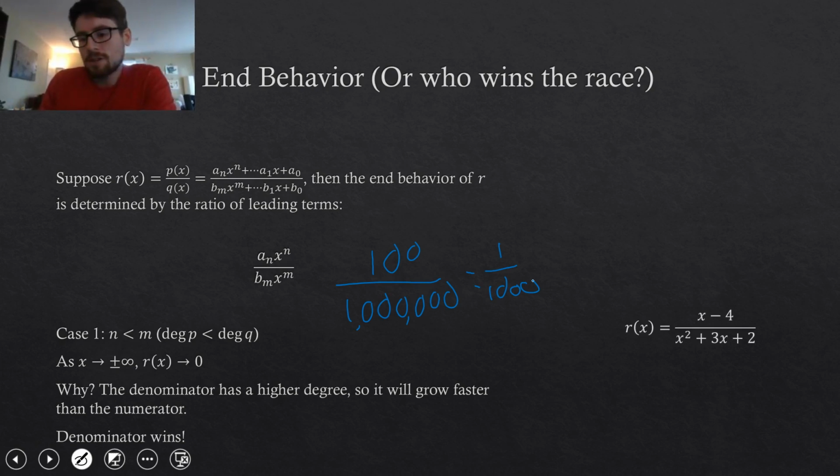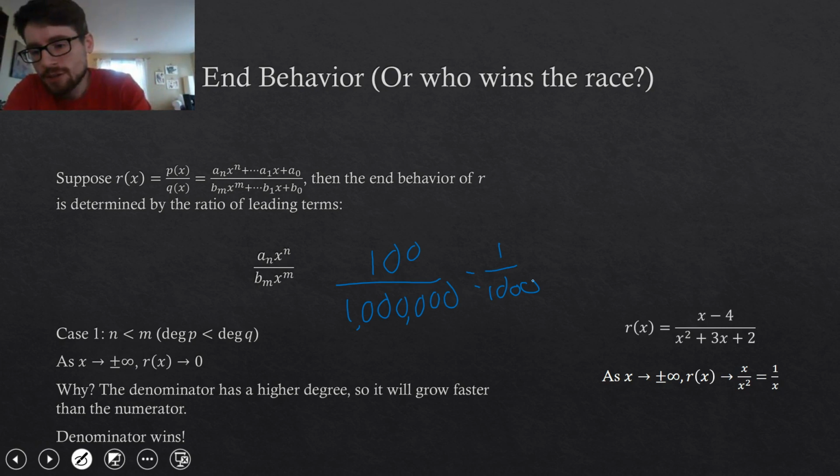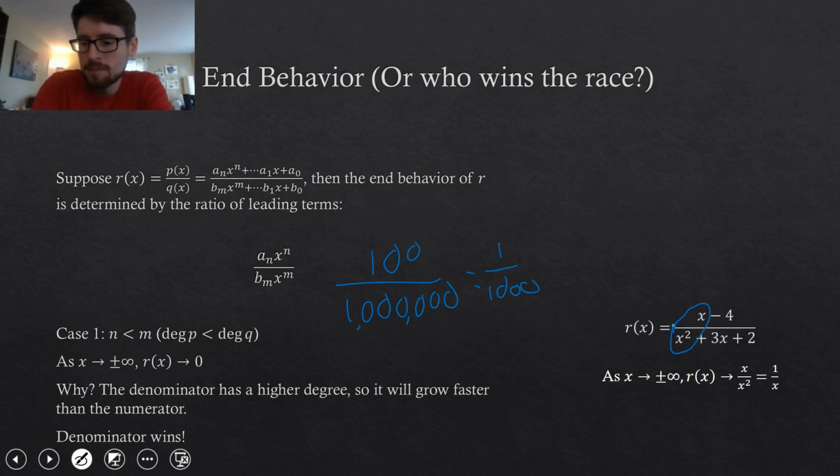All right, so here's a little example. We've got (x minus 4) over (x squared plus 3x plus 2). As x gets large in either direction, the ratio is going to look like x over x squared. So we're interested in that ratio of leading terms. If we simplify that, that's just 1 over x. And we know what happens if 1 over x is our function.